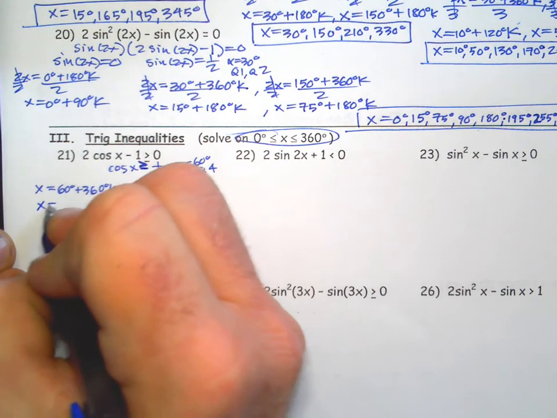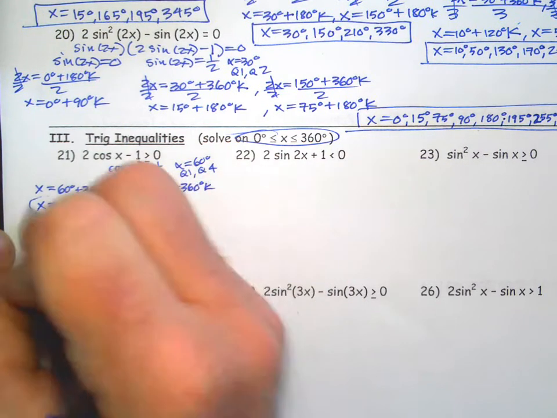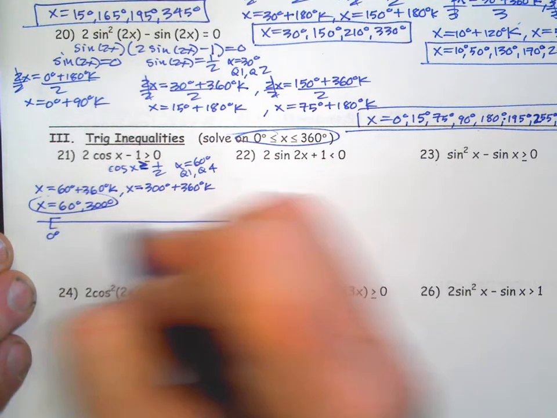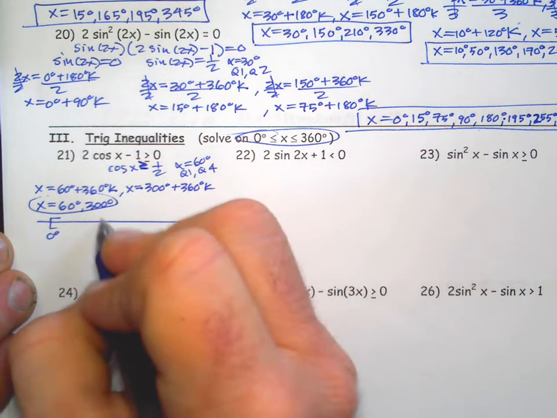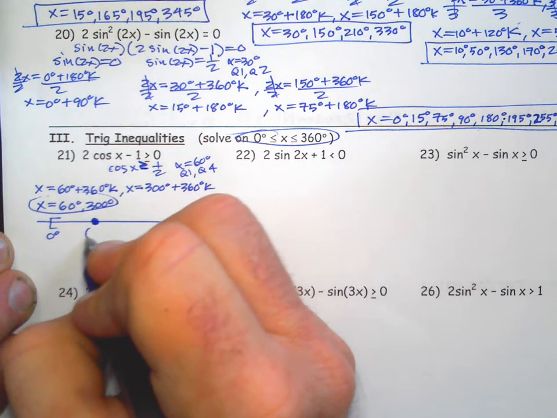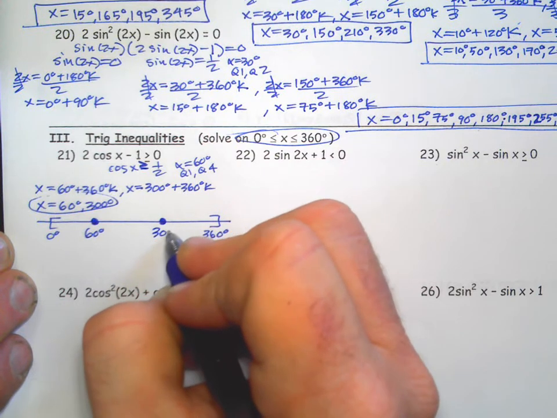So we just want 60 and 300. Those are our zeros. And I'm going to do a line check. I'm going to put these borders here, 0 to 360, make sure that's all I care about. These are going to be solid dots at 60 and 300. It doesn't really matter if you get these perfectly, but left to right, they should be in the right order.